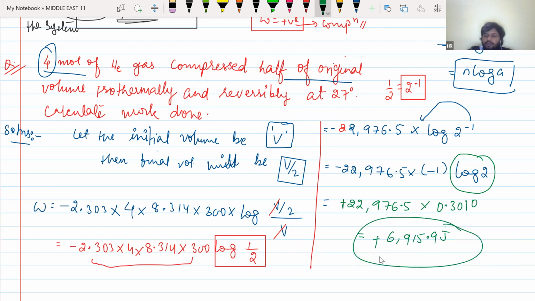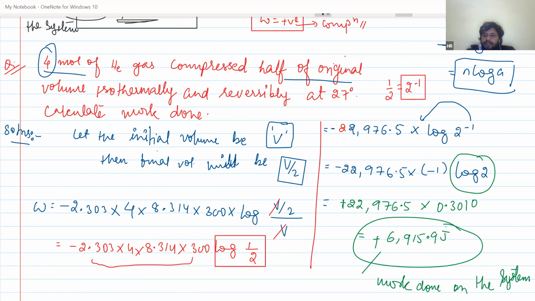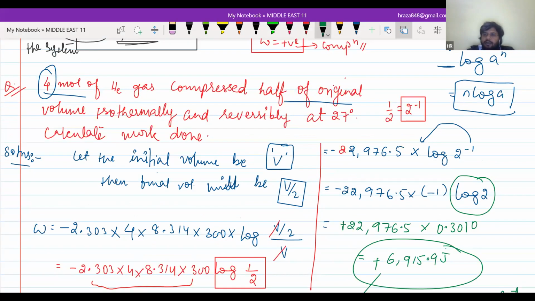If it is positive, that means work is done on the system. And whenever there is work done on the system, that means compression takes place. Is that clear, everyone? Yes, sir.